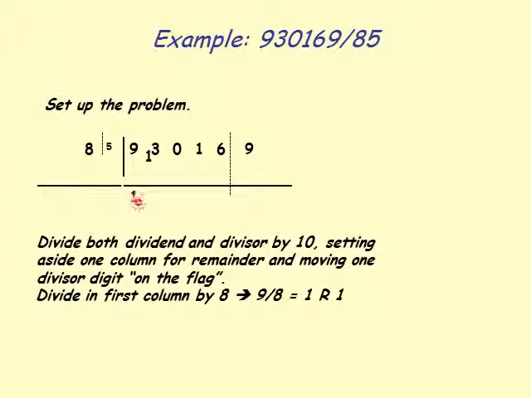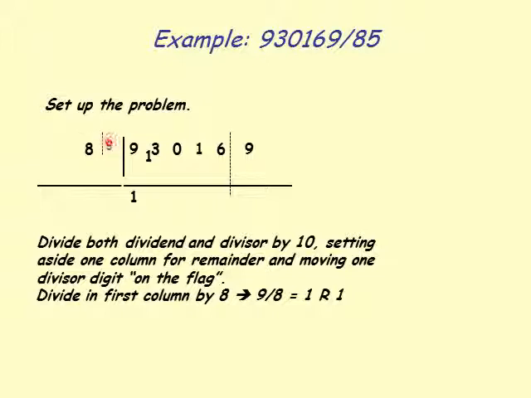The 1 of the quotient goes here, and the remainder goes in the next column. This remainder is from the second division, and it's worth 10 times as much, so it's 10 plus 3 in the next column. Now we have to make adjustments because this is a quotient of 1, and there is this 5 on the flag.